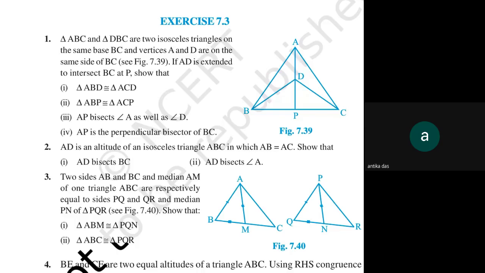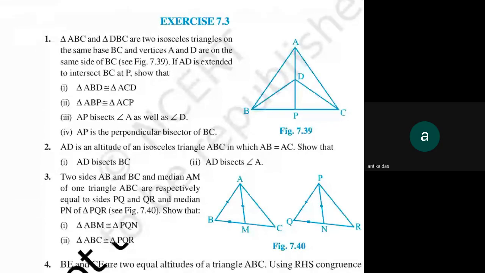Now here, the vertices A and D are joined on the same base BC, and AD is extended to intersect BC at P. Now the question is asking you to prove ADB is congruent to ACD. Imagine the triangle here.